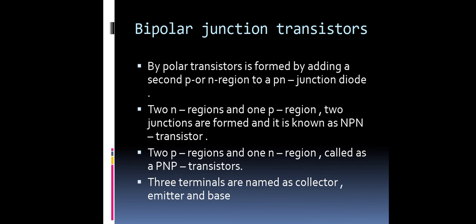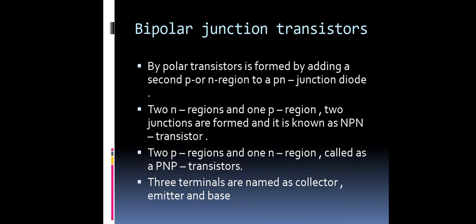With two n regions and one p region, two junctions are formed, and it is known as the NPN transistor. Simply, two N regions and one P region is called an NPN transistor. And a PNP transistor has two P regions and one N region.